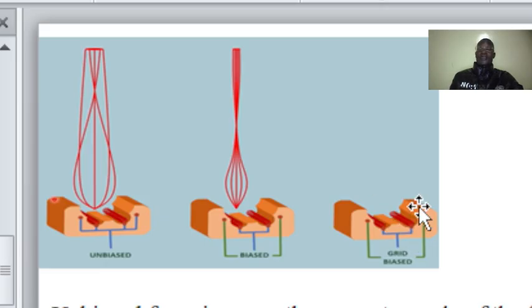So the understanding of the biasing system is of great importance, and we should really understand how to do the manipulation, understand which grid is supposed to be used at what point, and maybe understand the reason why it's being applied.